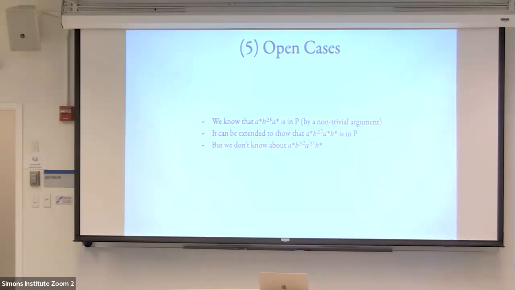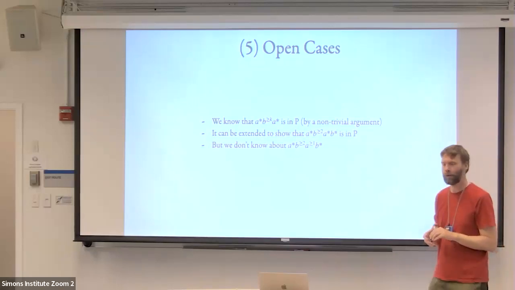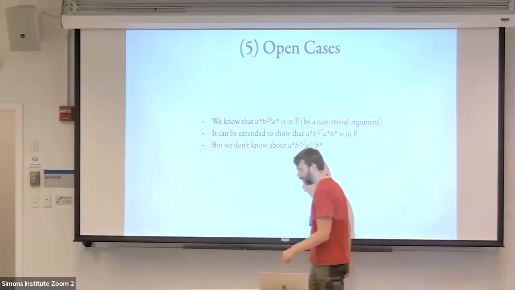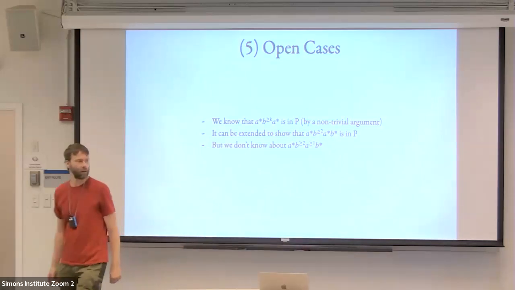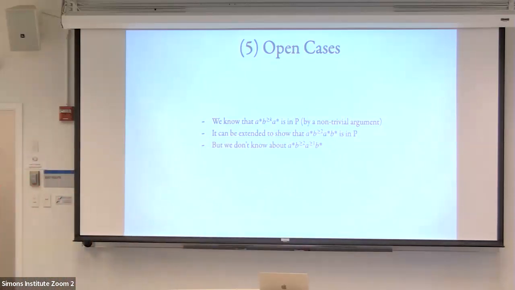A star, B star, and then A star, and then B star. So this is a language for which we don't know if you want to find simple paths in undirected graphs, if it can be done efficiently or not. In directed graphs, this is a hard expression. Yeah. Okay.